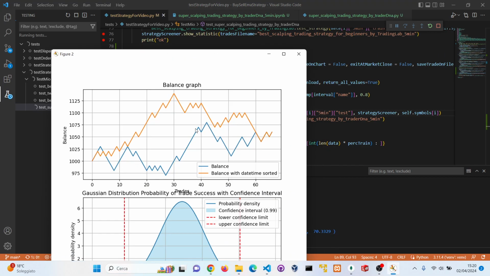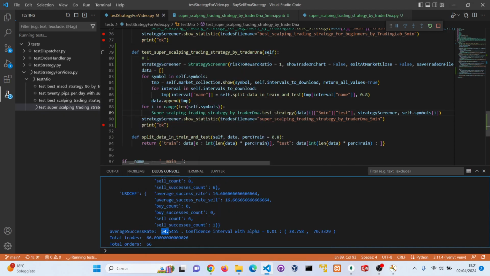This is the profit balance, and you would have made some profit, not a big profit, but some profit. This strategy is not one of the best I have tested until now on this channel.